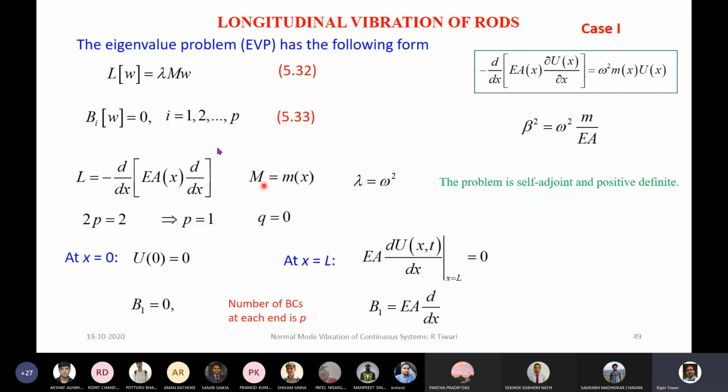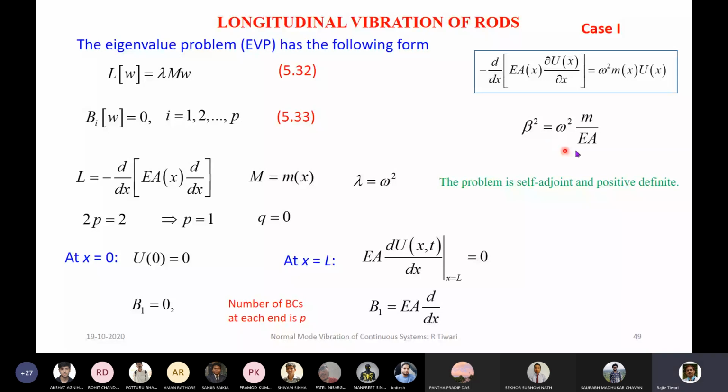M operator is simply M. Lambda, we compare here, lambda is omega square, because M is m(x). Earlier we related the omega beta in the eigenvalue problem. I think we'll be using this in the subsequent slide.